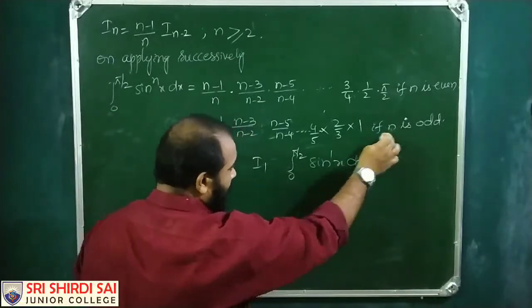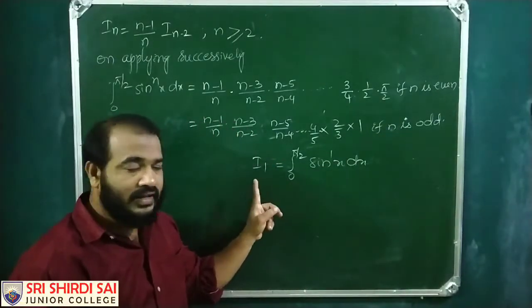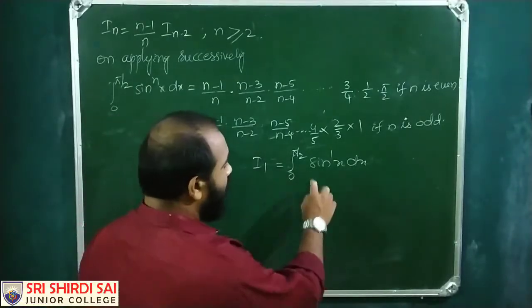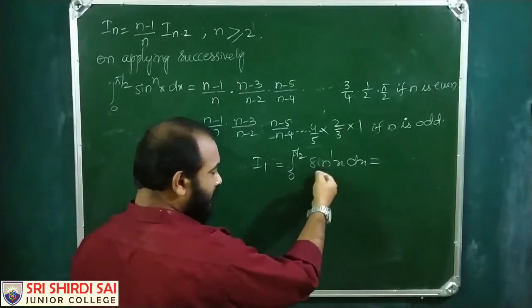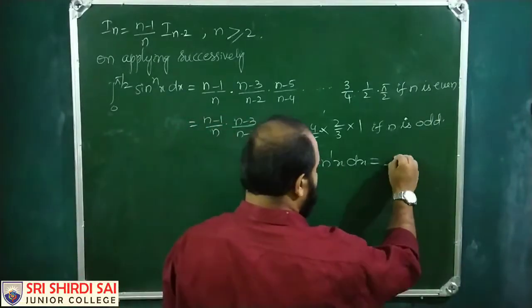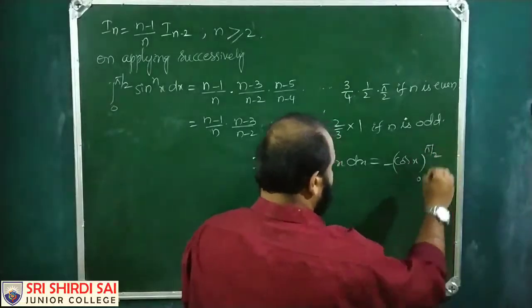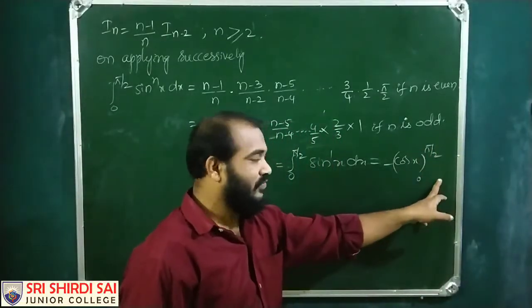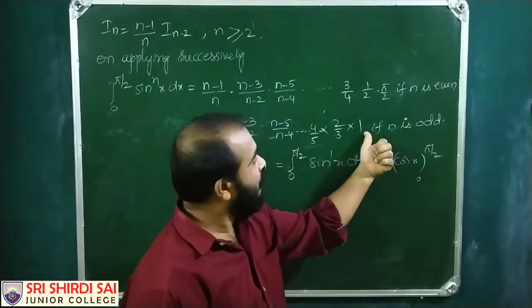If n is odd, the last term will be I1. Sine power 1 x dx means sin x only. Integral sin x is minus cos x from 0 to pi by 2. So minus of (cos 90 minus cos 0). Cos 90 is 0, cos 0 is 1. Minus of minus, so 1.